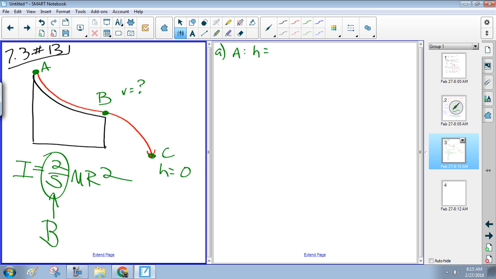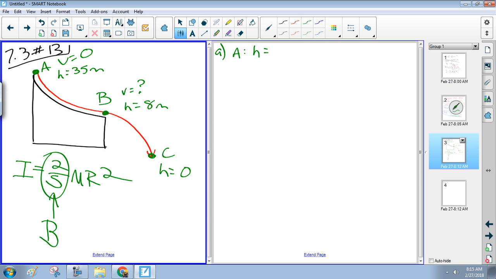Okay? And if we do that, that means that at point B, our height is 8 meters, and our height at point A is 35 meters, right? Because the 8 plus the 27 on the drawing. Follow? All right? And it tells you he starts from rest, so the velocity at point A is 0.